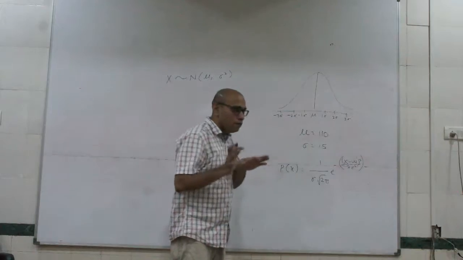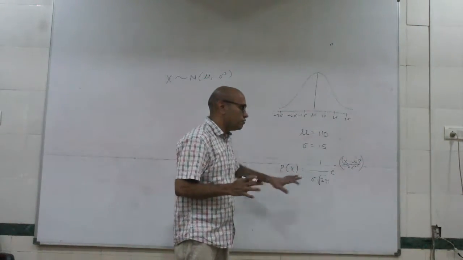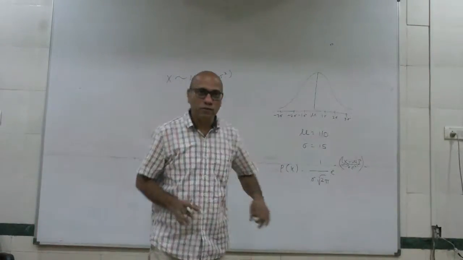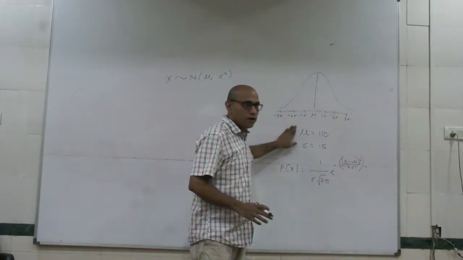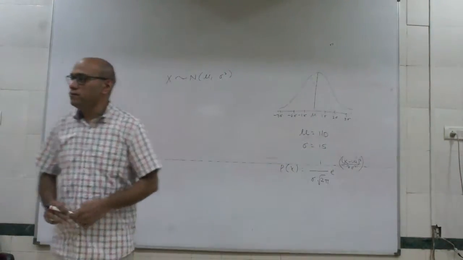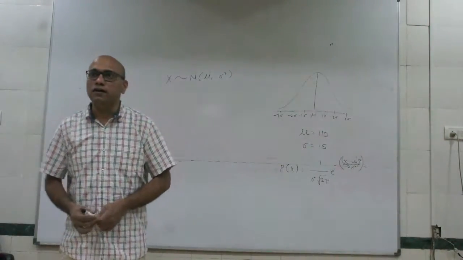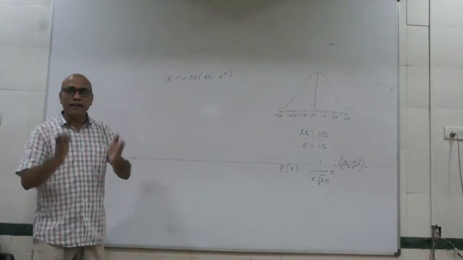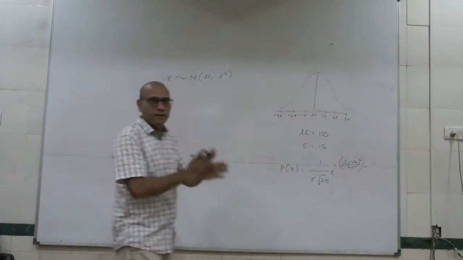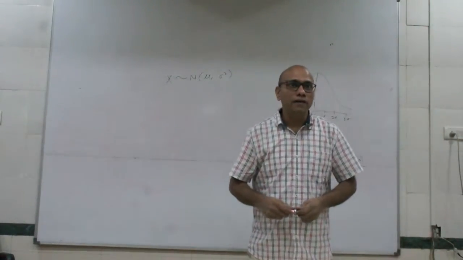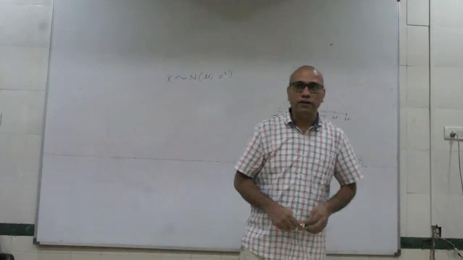So this is how I would find the probabilities associated with x. Now the problem with this is, suppose I take one intelligence test. Now this is scaled to 110 and 15. Now suppose I take an intelligence test, like say Cattell's Culture Fair Intelligence Test scale 2. This scale has a different mean and different standard deviation. If I take WISC 4, it will have a different mean and different standard deviation.